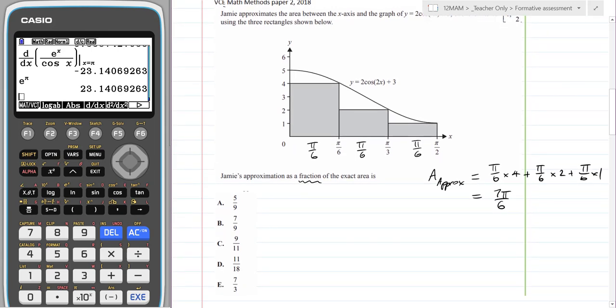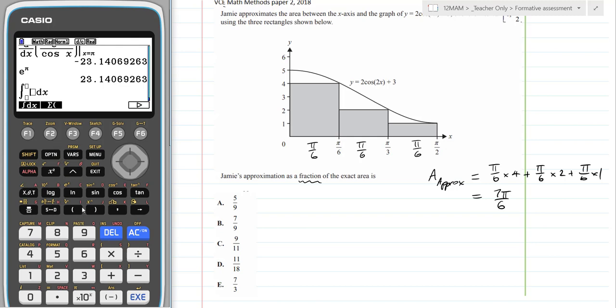The actual area is an integral, so I'll jump on here. I go across to my integral value in the math screen. I want the integral of 2 cos(2x) plus 3, between the boundaries of 0 and pi on 2.